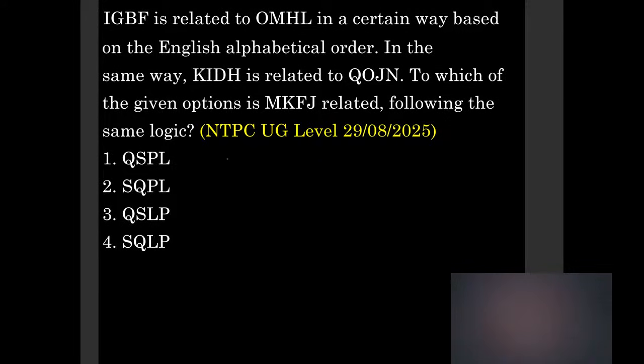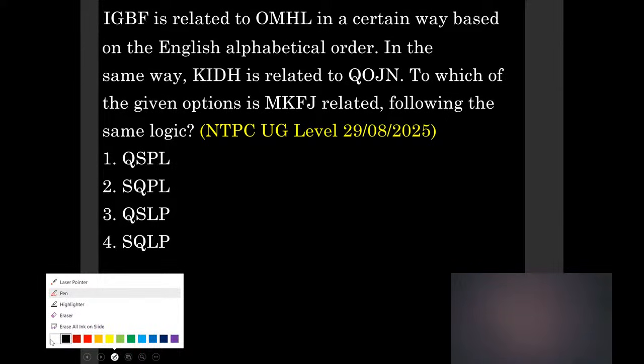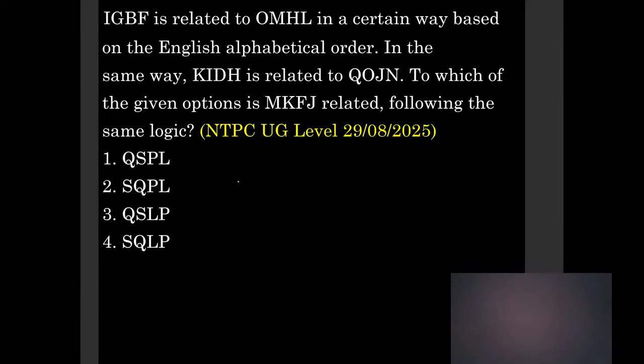I value is 9. Next, G value is 7. B value is 2. F value is 6. Okay, next. OMHL. So O value is 15.